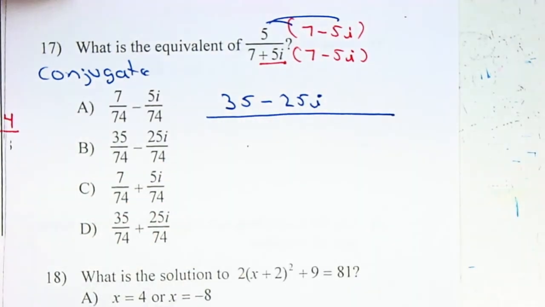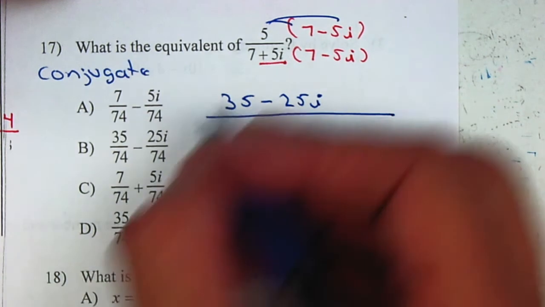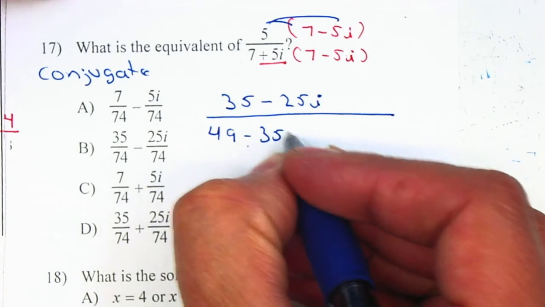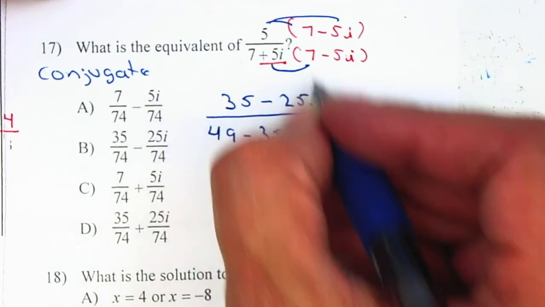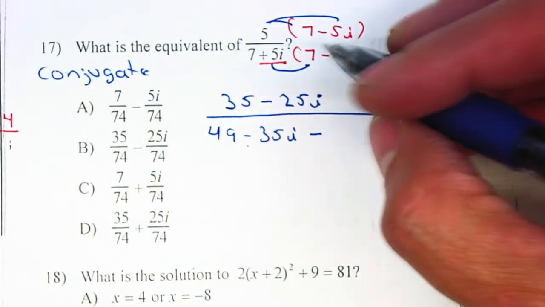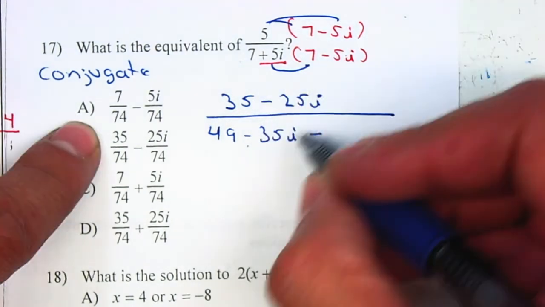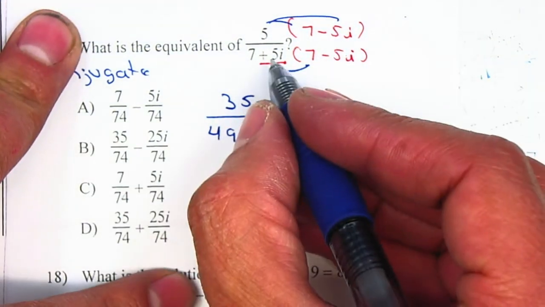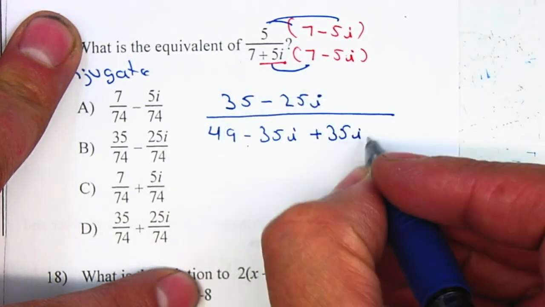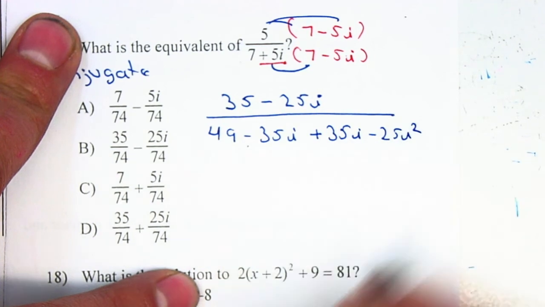Denominator. Let's go together. 7 times 7 is 49. 7 times negative 5i is negative 35i. 5i times 7 is positive 35i. Positive 5i times negative 5i is negative 25i squared.